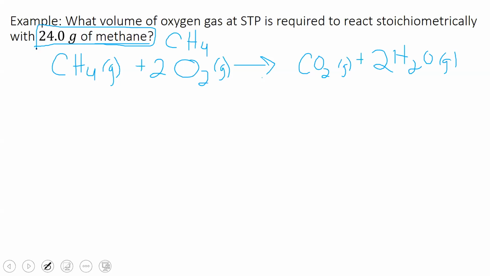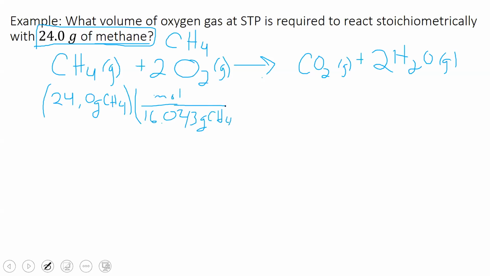So here, we take our 24.0 grams of methane, divide by the molar mass of methane, which if you calculate that using your periodic table, you wind up with 16.043 grams of methane per mole. Okay. And so that right there will get you into units of moles of methane.